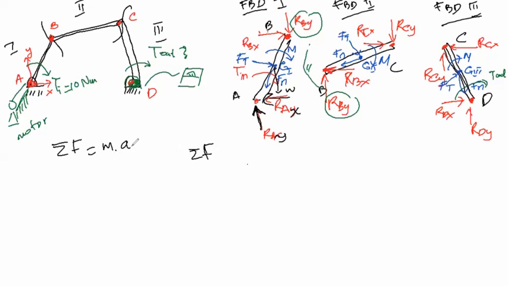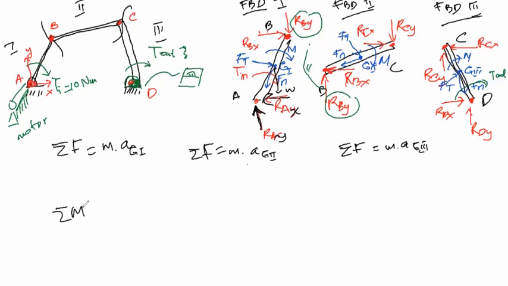So you can say sigma F equal to m AG1, sigma F equal to m AG2, and sigma F equal to m AG3. Are these enough? No, you will also need sigma M. At which point?